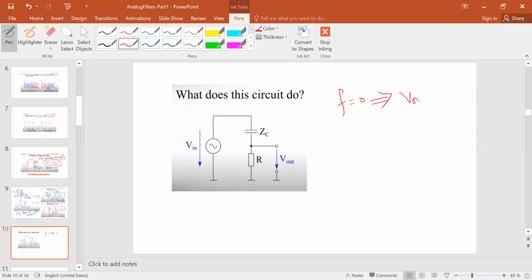Okay, and when F goes to infinity, then what happens to V out? Based on this, you can figure out that this will be more or less like a high pass filter. So when we say high pass filter, it means that it will pass high frequencies and it will stop low frequencies. Okay.